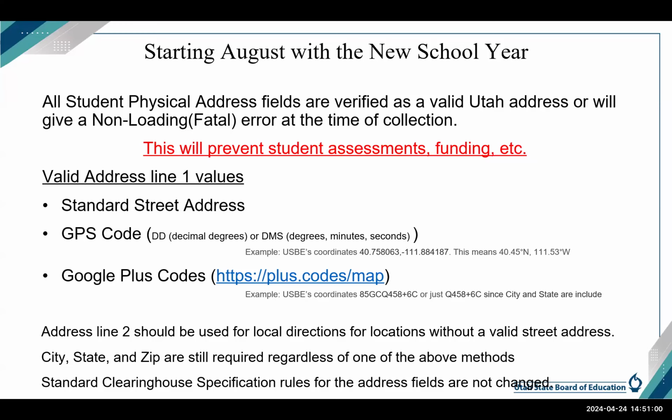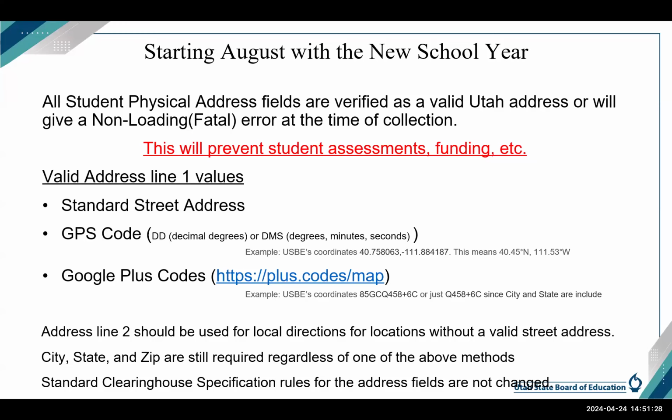So if there are any questions with that, please reach out. I'm happy to set up meetings to go over any of this with people, or to also send out any resources or documentation. I'd already mentioned the address line 2 continues with descriptive things, which are helpful for people to be able to get to the location by description.